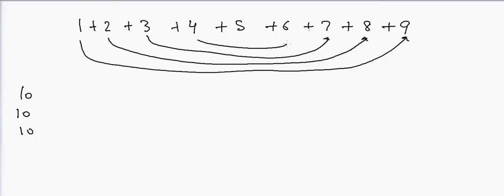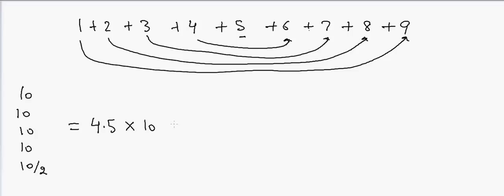Then we can add 4 and 6, so we get one more 10, and then we are left with a 5, which is half of a 10, so 10 divided by 2, you can say. So in total we have 4.5 times 10, that is 4 tens and half of a 10.